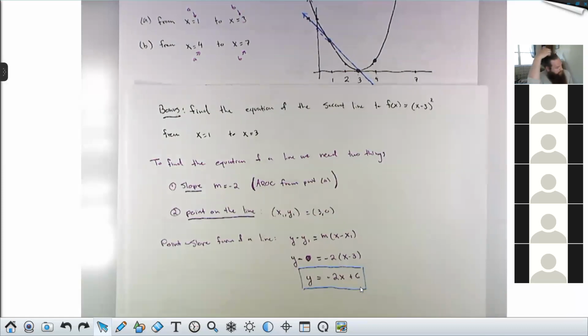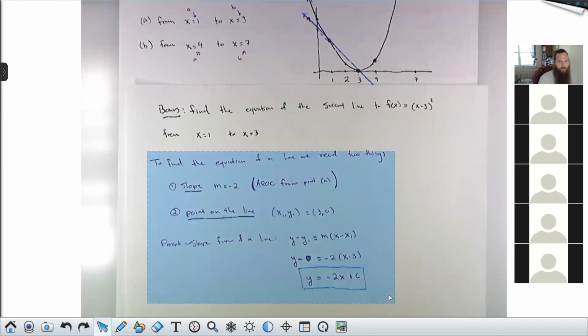In calculus, you're going to be finding equations of tangent lines a lot, and you'll be doing that by thinking of them as limits of secant lines. So this procedure is going to be relevant there as well. All right, any questions on finding the equation of the secant line?